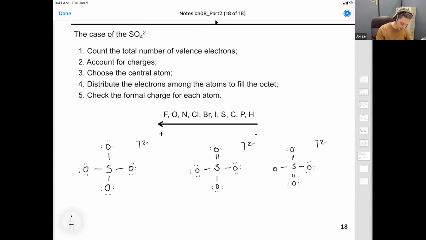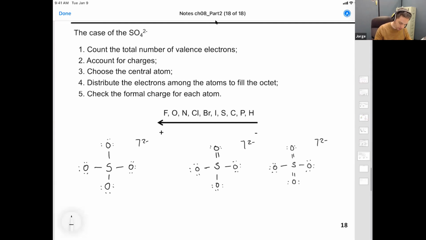Now, in this case, all the oxygens have the octet filled. However, sulfur has an expanded octet, which is perfectly possible. And we could be really wild and come up with 3 double bonds and only 1 single bond.